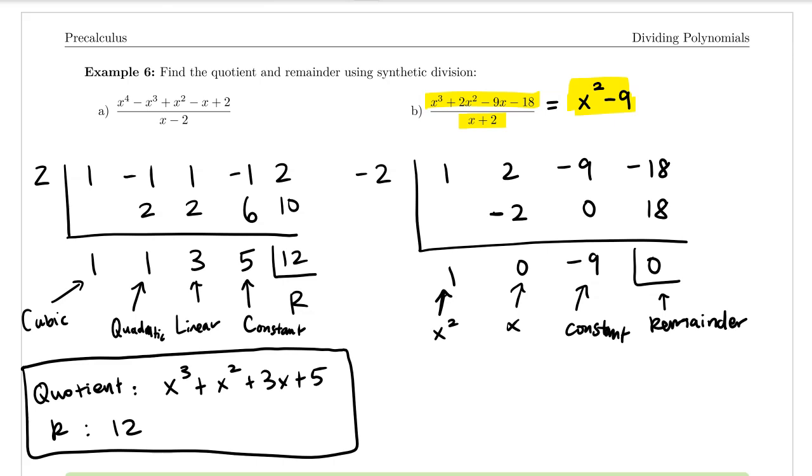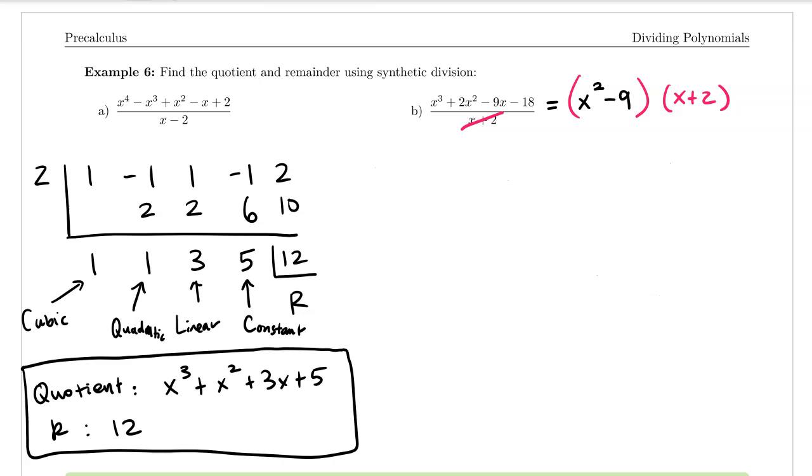And this is really important because now what we can do at this stage, since there's no remainder, is take this equation and multiply both sides by x plus 2. On the left-hand side, it's going to get rid of my denominator, and then I can drop my parentheses, and we'd have x squared minus 9 times x plus 2 on the right-hand side.